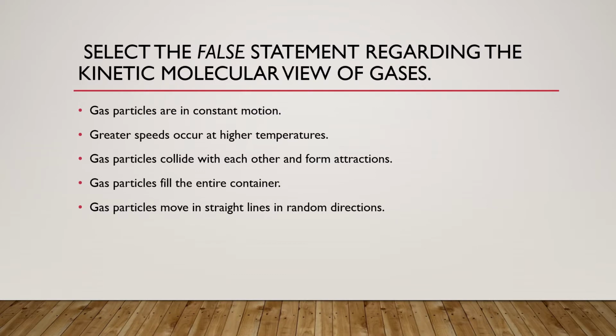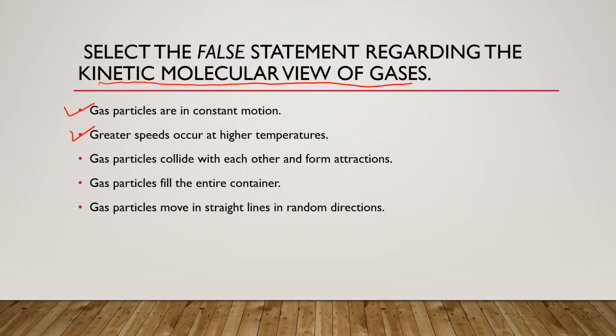Let's apply the concept of the kinetic molecular view of gases and figure out which of these statements is incorrect. First statement: gas particles are in constant motion. This is correct. Kinetic molecular theory explains that gas particles are always in constant motion. Second: greater speed occurs at higher temperature.